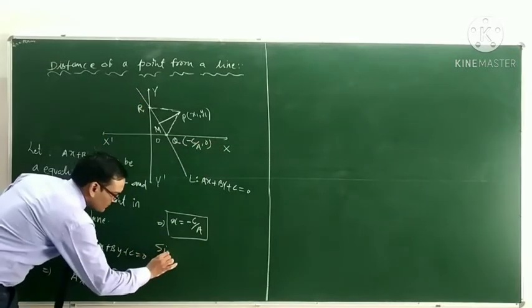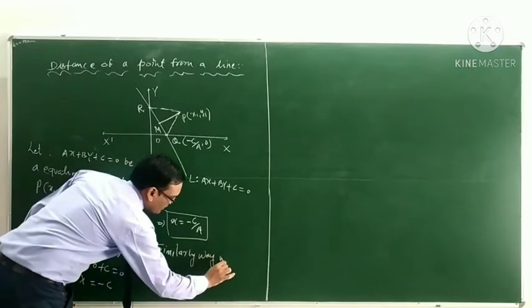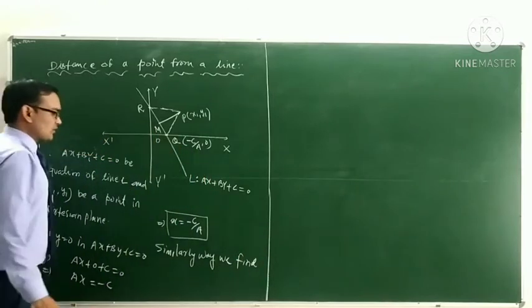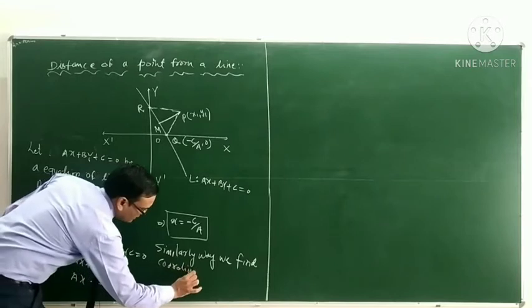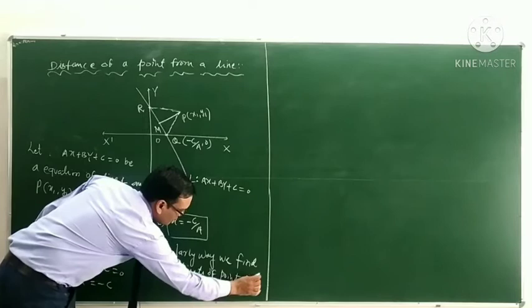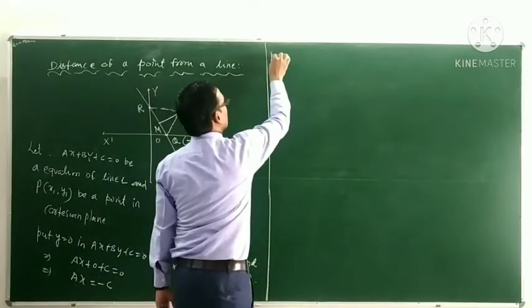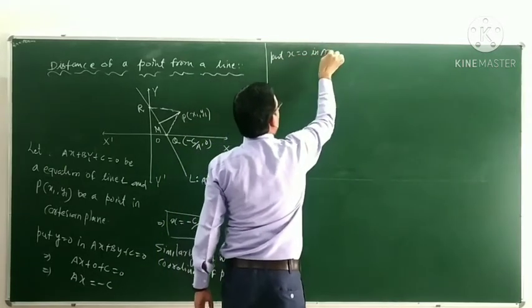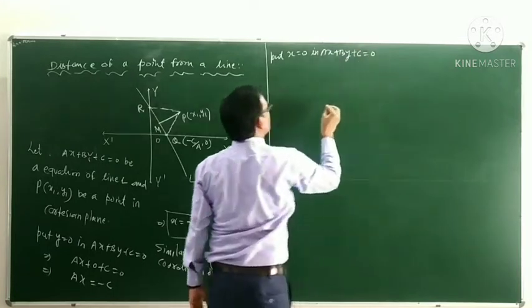Similarly, we find the coordinates of point R. Okay, students, put x equal to 0 in ax plus by plus c equal to 0.